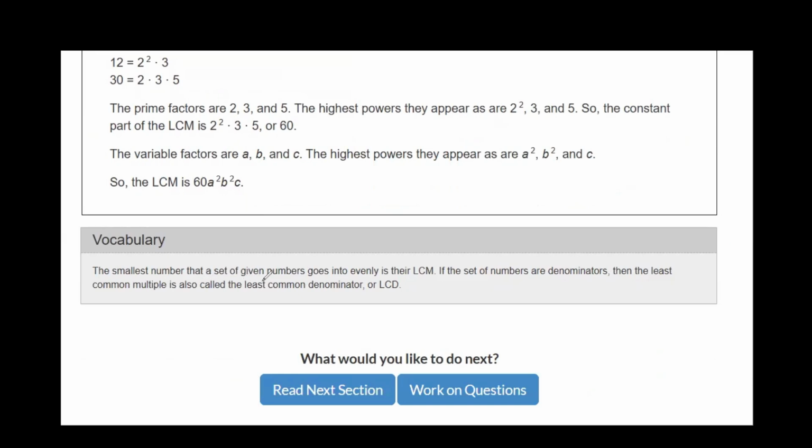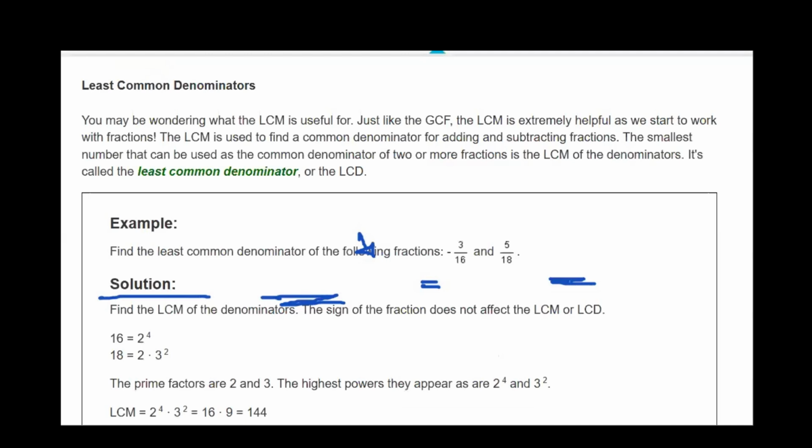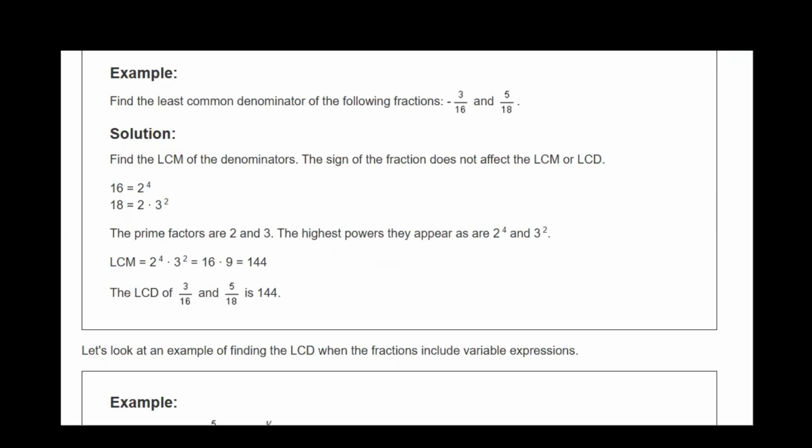The smallest number that a set of given numbers goes into evenly is their least common multiple. If the set of numbers are denominators, we call it least common multiple or least common denominator, the same. We will do the same thing. We have denominators of 16 and 18. 16 is 2 times 8, and 18 is 2 times 9.